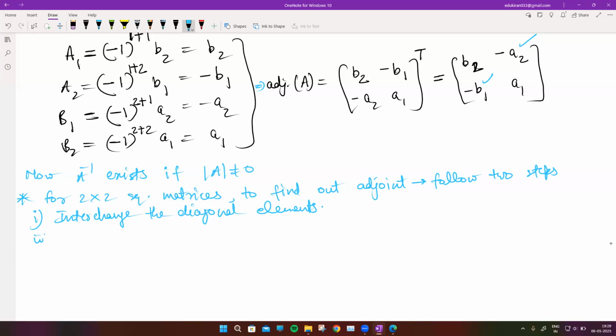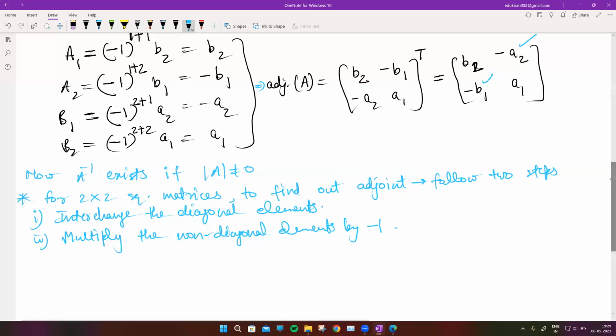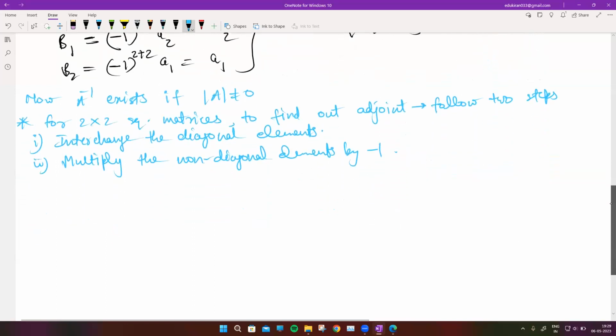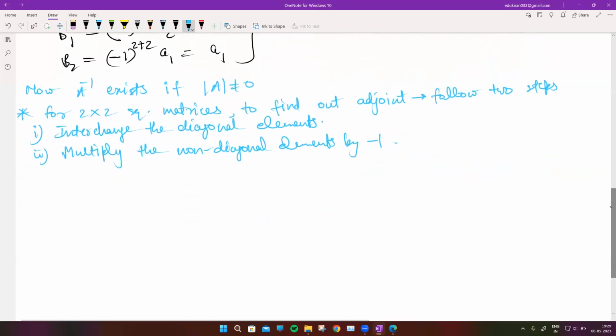And second step is multiply the non-diagonal elements by -1. Now, I do know the whole procedure, but rather than going for the whole procedure, I would directly go to this because this is pretty easy. For 3 cross 3, I will have to anyway go through the whole process. But for 2 cross 2, I would not like to.